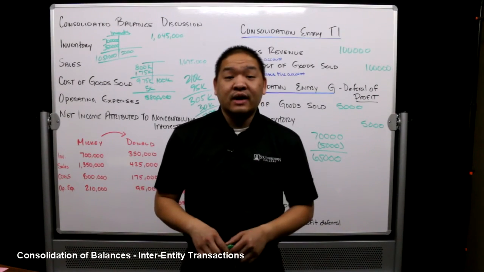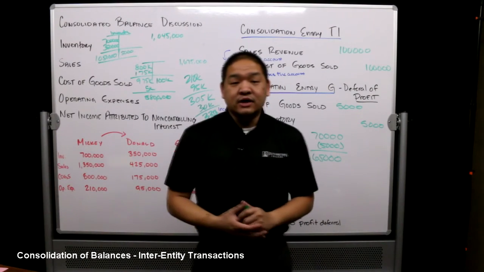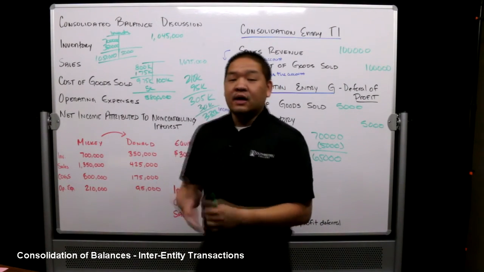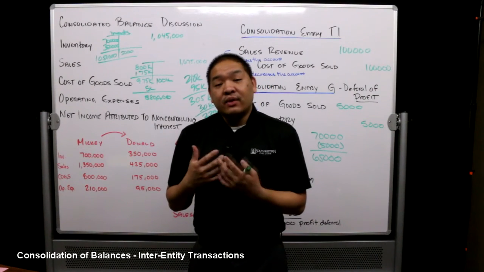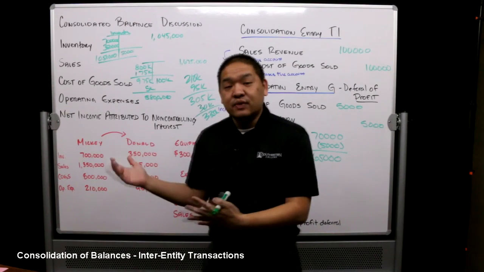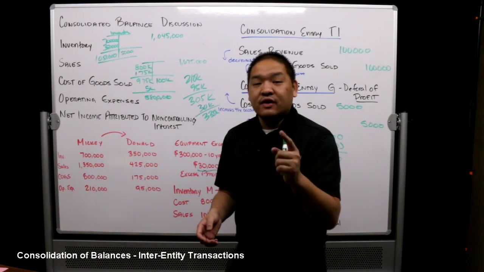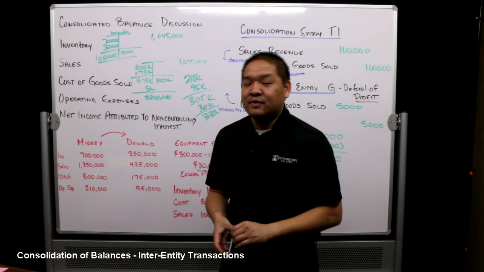In the next video, we're going to talk a little bit about the net income attributed to non-controlling interest. So we're going to add upon this example here. In particular, one thing that we didn't discuss is how much does Mickey own of Donald? In this case, we assumed 100%. However, the only thing that changes here is that it's not going to be 100%.